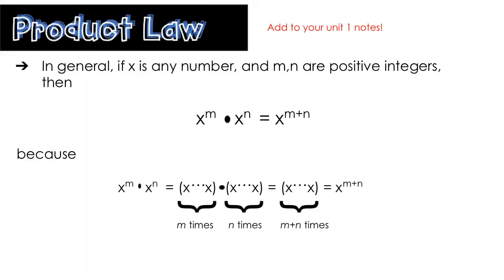So first off here, what I want you to write down in your notes is, in general, if x is any number and m and n are positive integers, then x to the m power times x to the n power will result in x to the m plus n, because x times itself m times multiplied by x times itself n times will give us a total number of m plus n times that it's being multiplied.